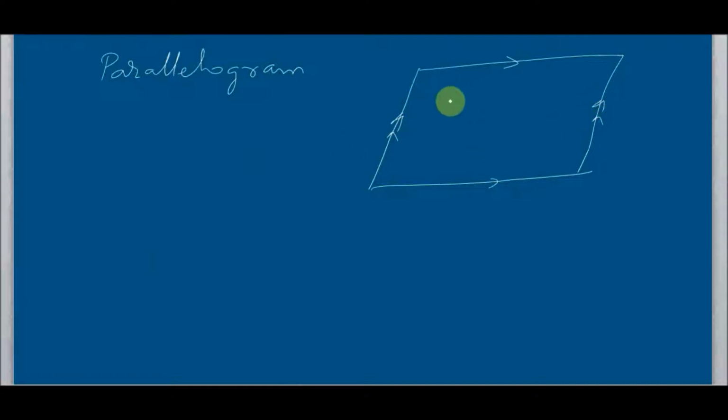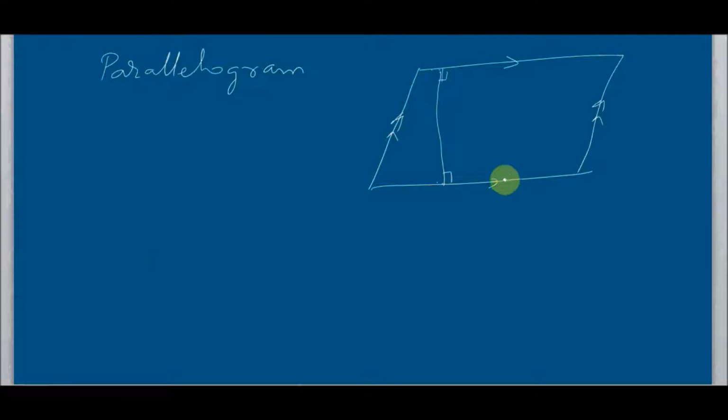What does parallelogram mean? If you measure the distance between these two lines at any point by drawing a vertical, right angle line, that means if we draw a line here making 90 degrees, this will be the shortest distance between these two lines. So the distance between these two lines will be equal at all points.